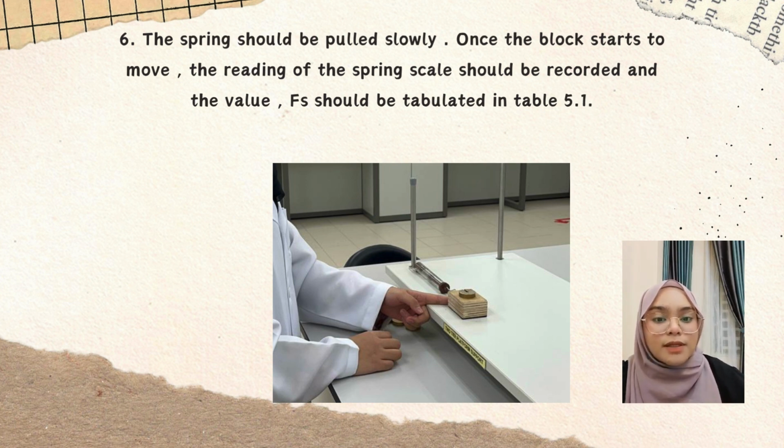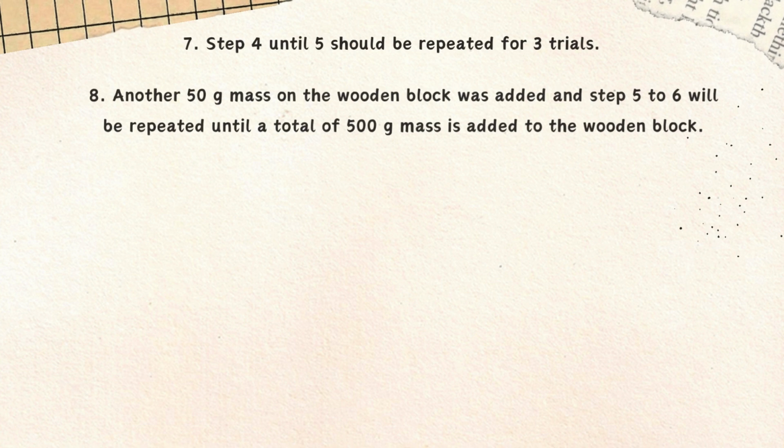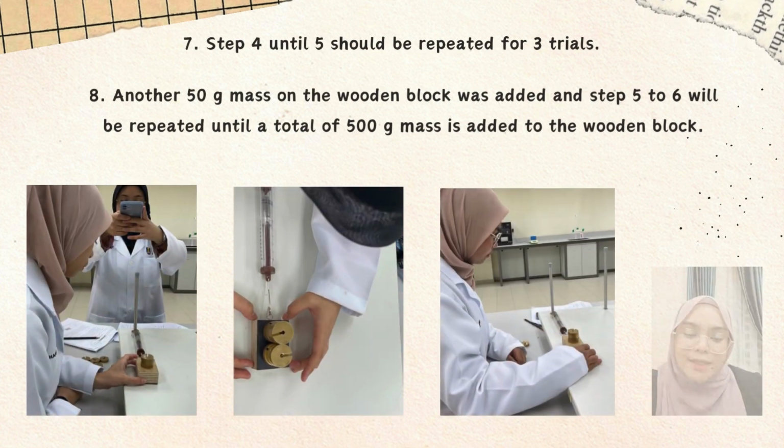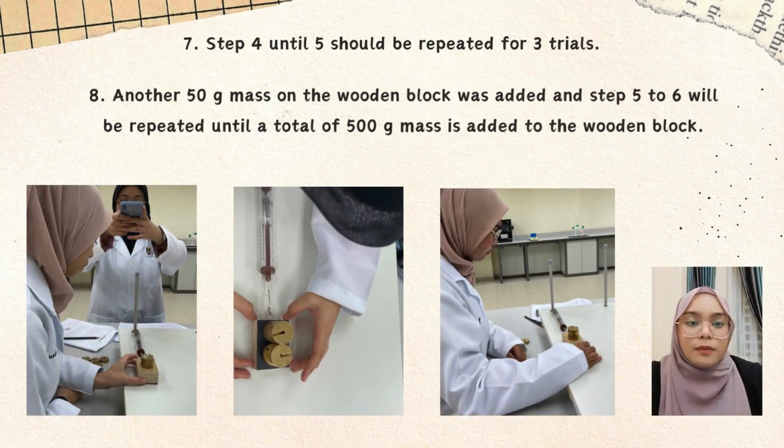Once the block starts to move, the reading of the spring scale should be recorded and the value Fs should be tabulated in table 5.1. Steps 4 until 5 should be repeated for 3 trials. Another 50 gram mass was added on the wooden block and steps 5 to 6 were repeated until a total of 500 gram mass was added to the wooden block.